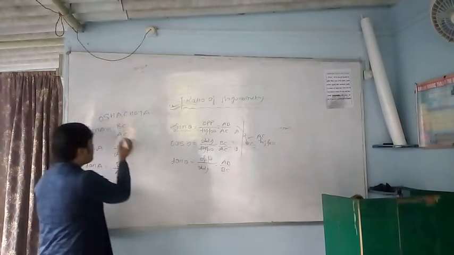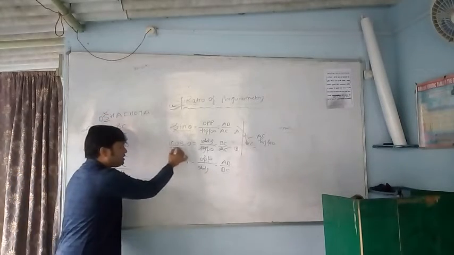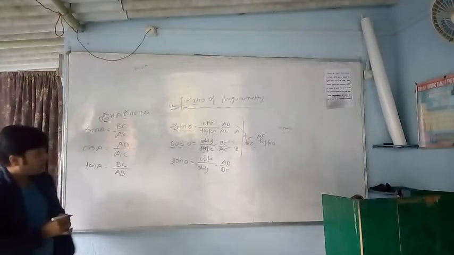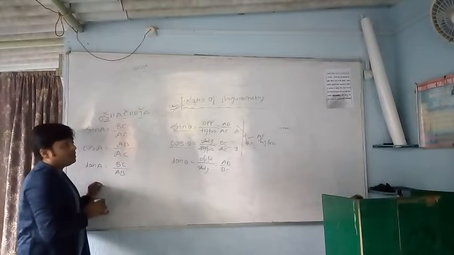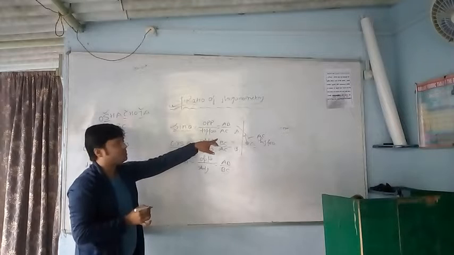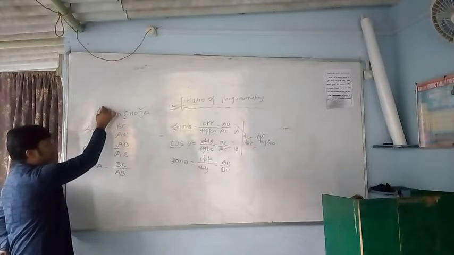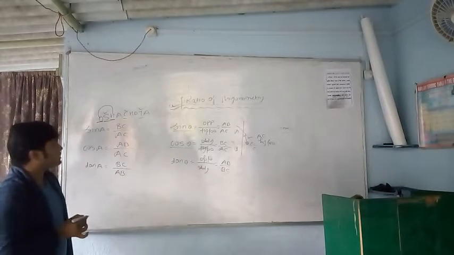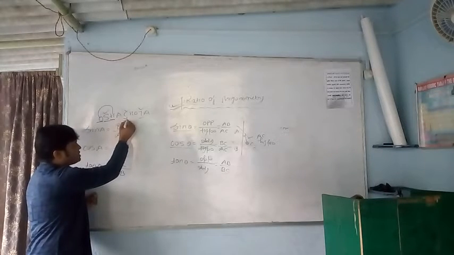For sin theta, we put a mark above S. Now for cos theta, we put a mark above C. And now for tan theta, we put a mark above T. Sin theta is opposite upon hypotenuse. O for opposite, S for hypotenuse.